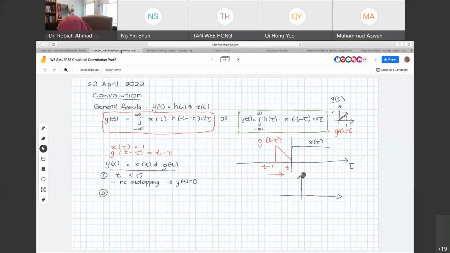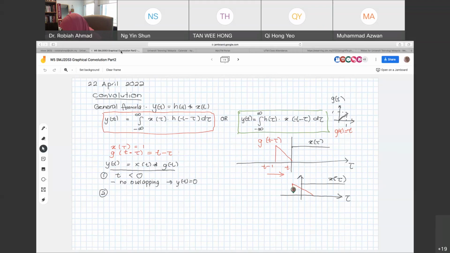So this is x(tau). And then let us sketch how the signals look like when they start to overlap.